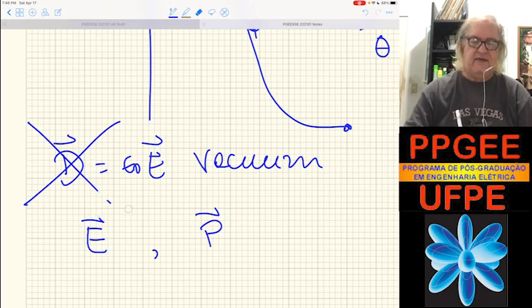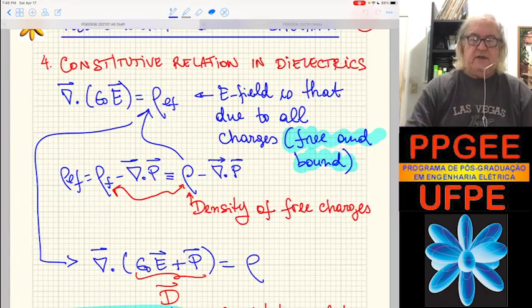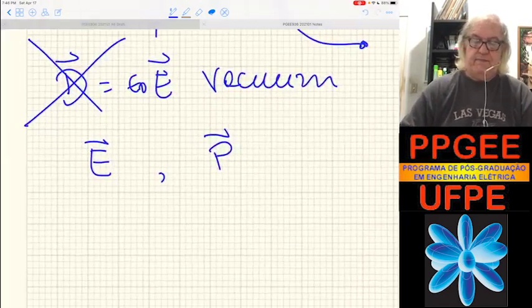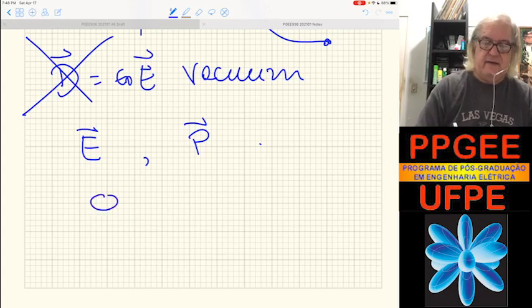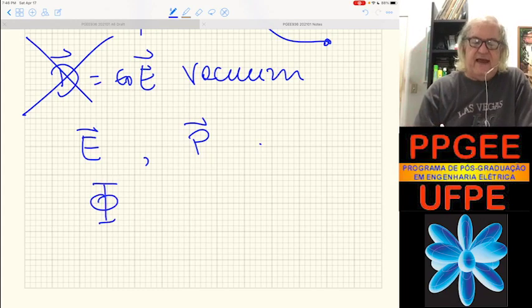Let's see what kind of connection we have. So when you look at the potential expression, right? I'm going to write it down again here. Originally, when we didn't have polarization, we had vacuum, so we have a distribution of charges.